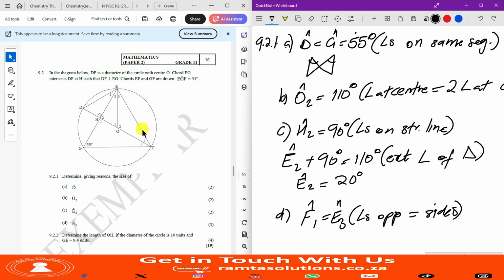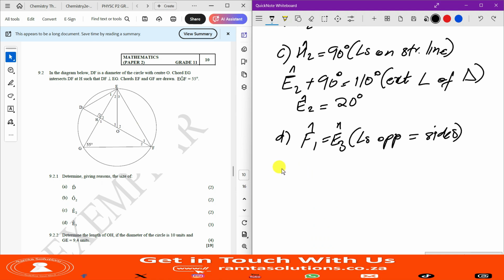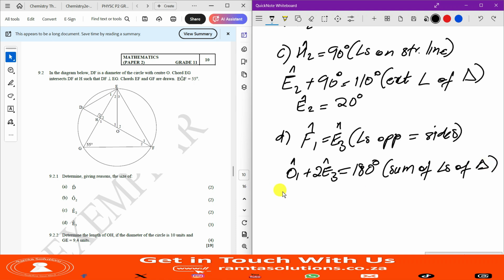So we can say, I will write it in this way: angle O1 plus 2 times angle E3 is equal to 180 degrees. Why? Sum of interior angles of a triangle.